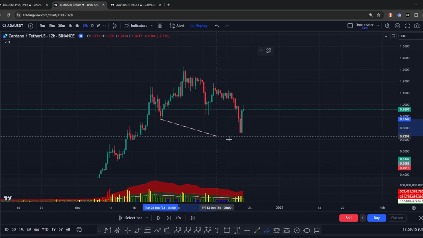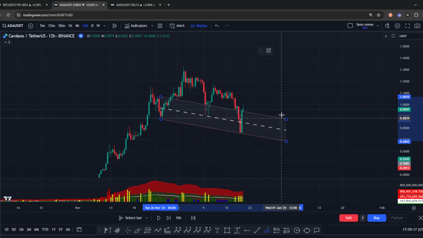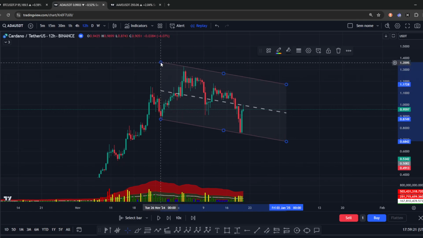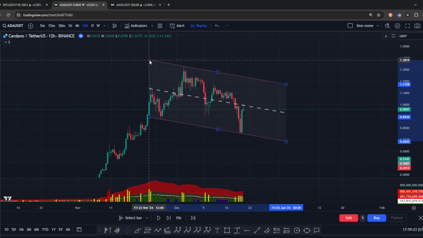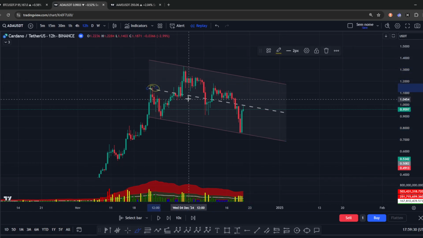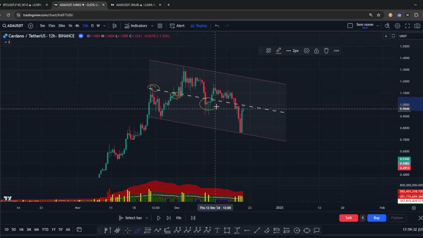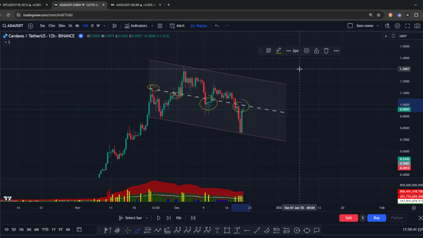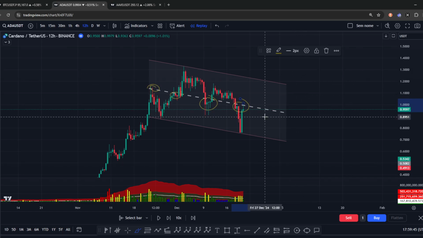Because if you put here your angle, and if you put at the top your anchor or your pole, as you can see, you're gonna have a lot of interaction with the middle of the channel, and this gives I would say a slight confirmation or another additional confluences that your channel may be right.